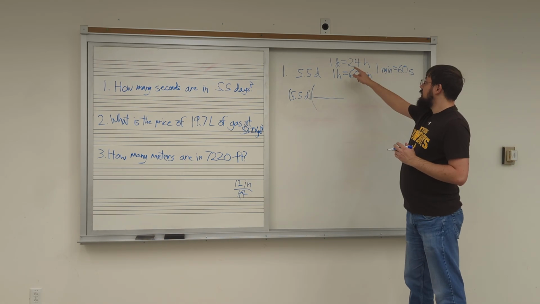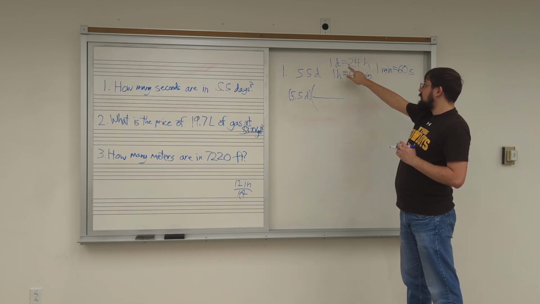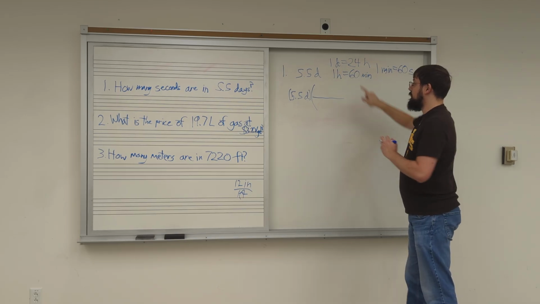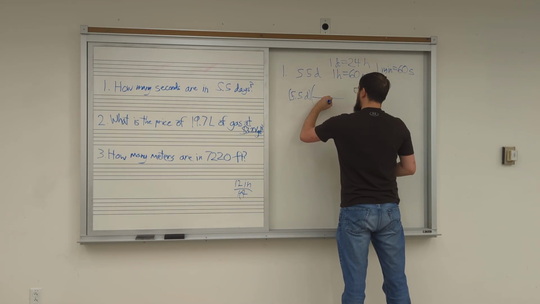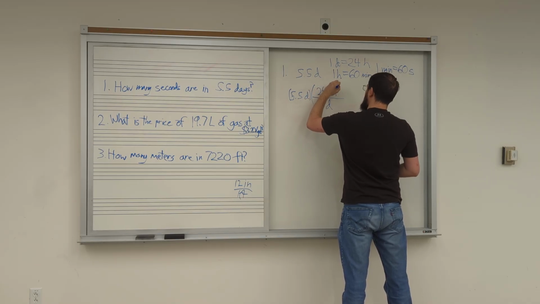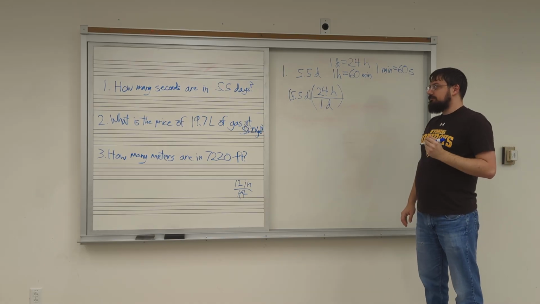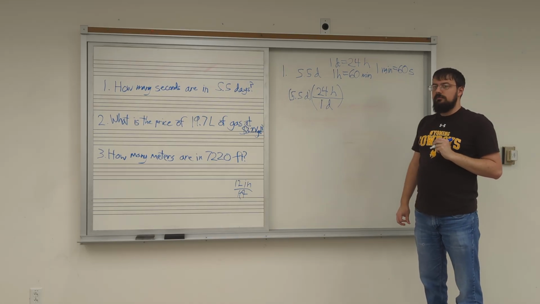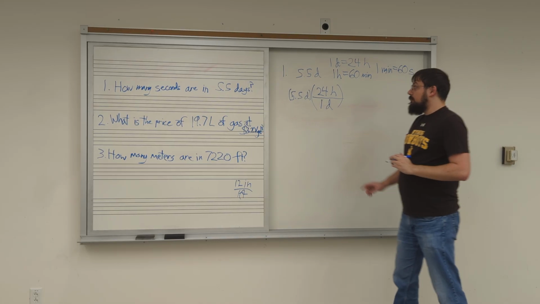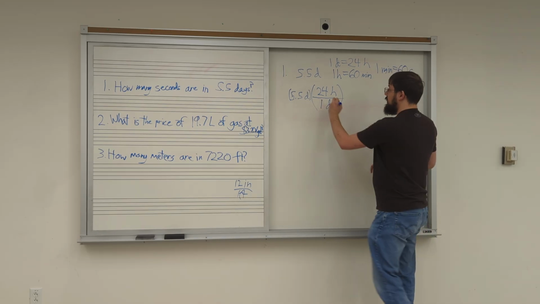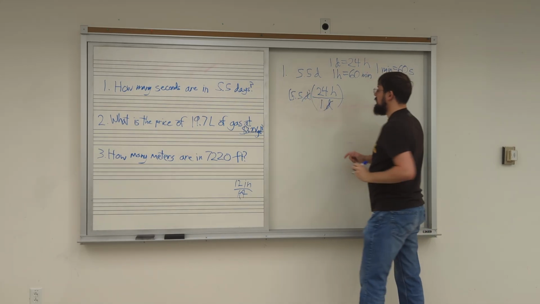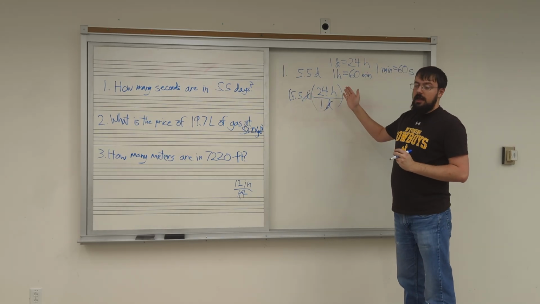In this case, of our conversion factors up here, we have 1 day is 24 hours, so we'll have 1 day on bottom here, and 24 hours on top. All right? So we have days on top here, days on bottom. These two are going to cancel out and give us something with hours.